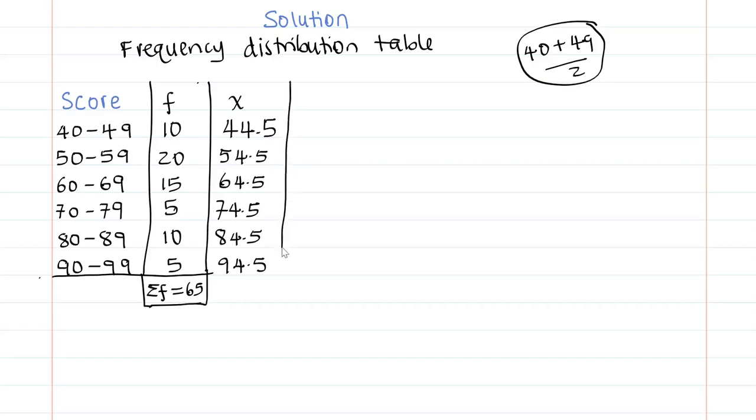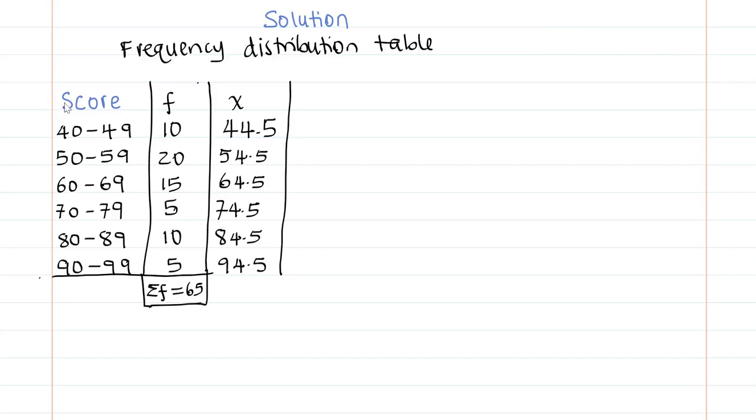Why are we getting the midpoint? Because the midpoint is important in that it assists us in finding the deviation. And now from here, after getting the midpoint, then we get the deviation. How do we get the deviation?